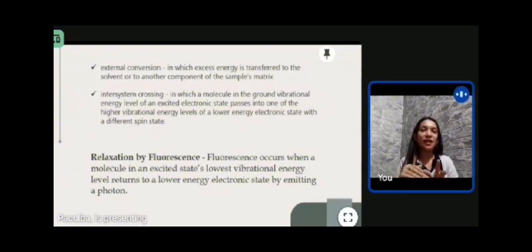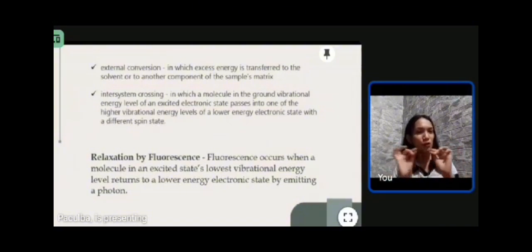Okay, next is the relaxation by fluorescence. Fluorescence occurs when a molecule in an excited state lowest vibrational energy level returns to a lower energy electronic state by emitting a photon. An example of this, guys, is a glow stick, the glow in the dark.